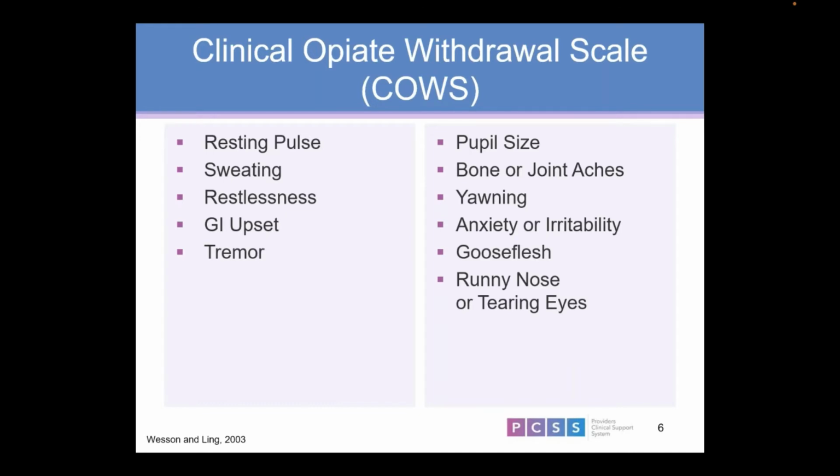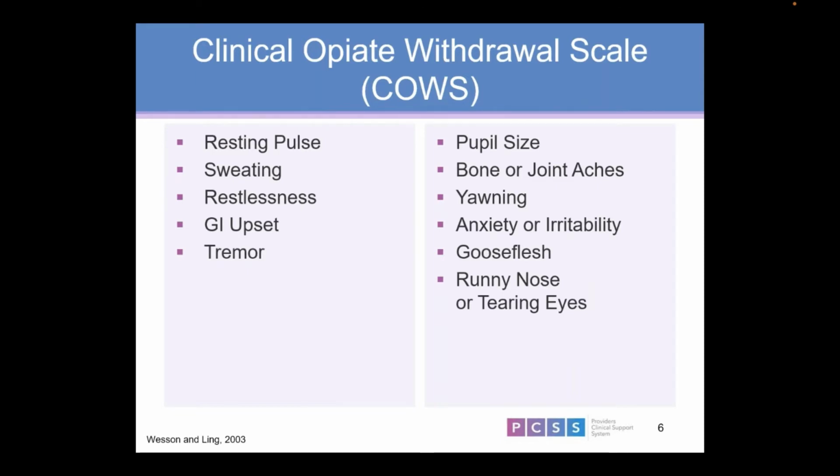Pupillary size is one that I also always look for, and it's pretty easily identified. And these would be more objective signs, so increased pulse, maybe some sweaty palms, dilated pupils. Hard to say that they're actually having joint aches, so these are more subjective. You may see yawning. They may appear to be anxious, but they could be anxious for other reasons.